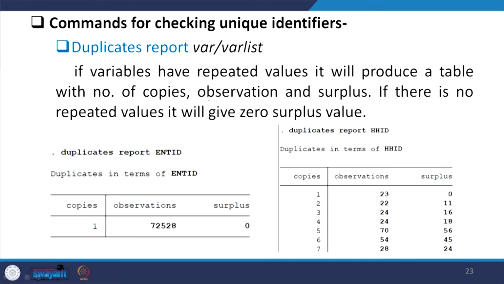If a variable has repeated values, it will produce a table with the number of copies, their observations, and surplus, as visible in our table here. These are sample results we derived. If there are no repeated values, it will simply give you 0 surplus.